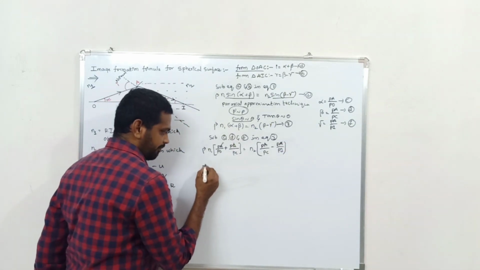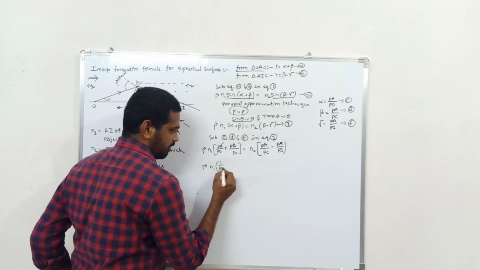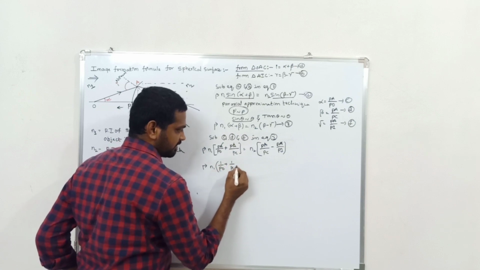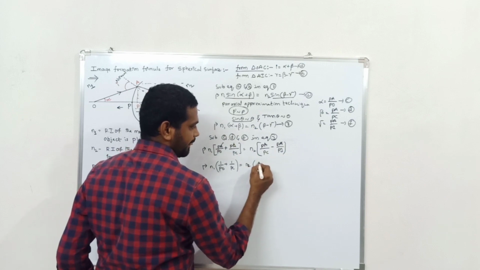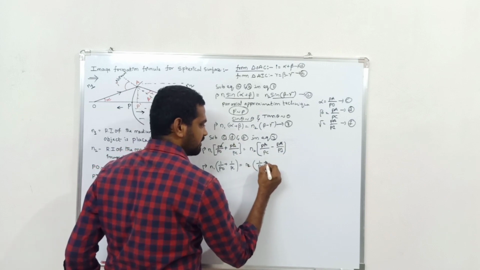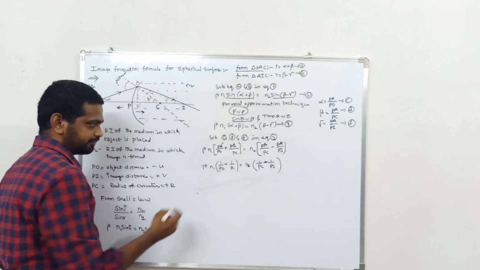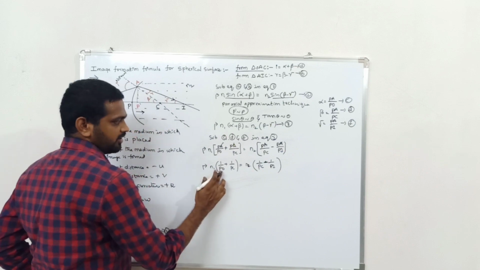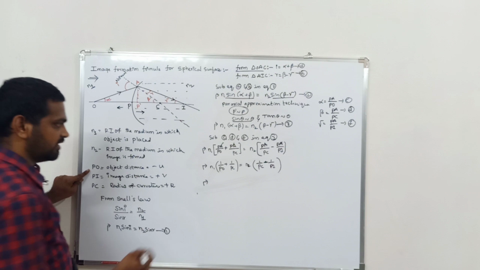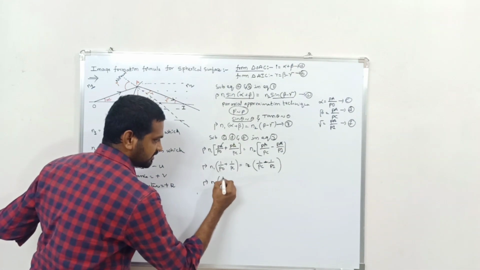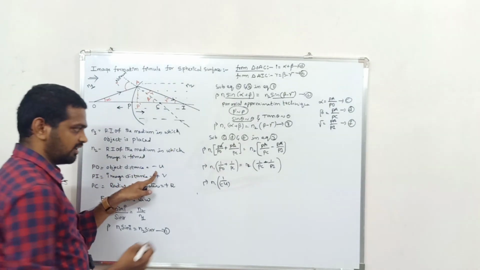Then what will you get now? n1 times of 1 by PO plus 1 by PC, which will be equal to n2 times of 1 by PC minus 1 by PI. Now I am substituting PO, PC, PI values. What is PO? Object distance. Object distance is nothing but 1 by minus u. Why? Because I am applying the sign conventions.